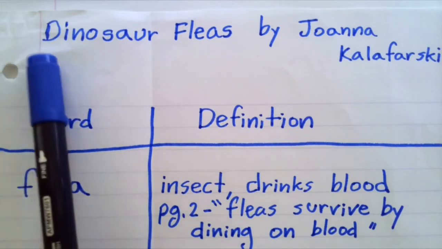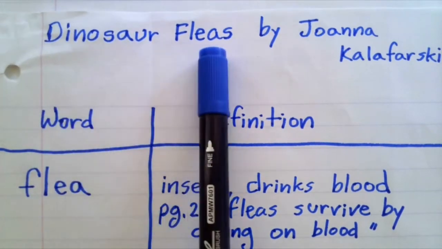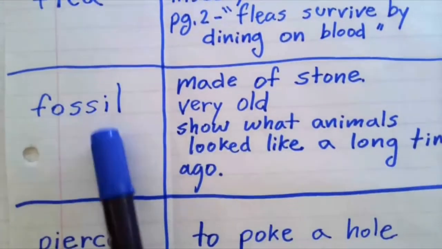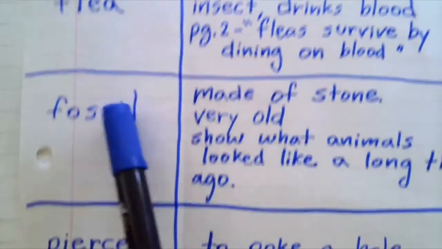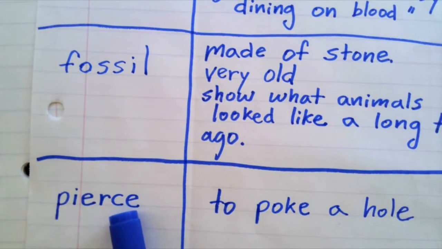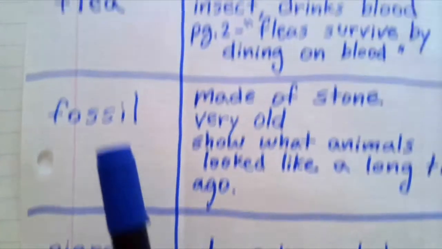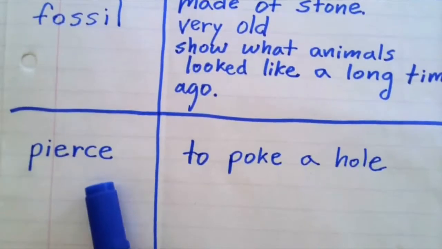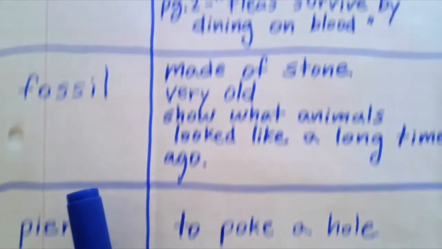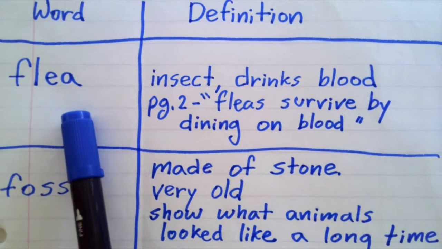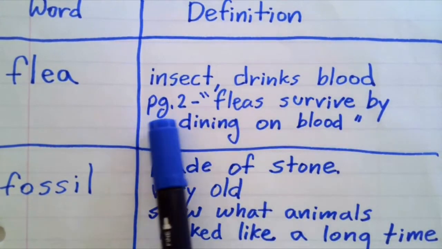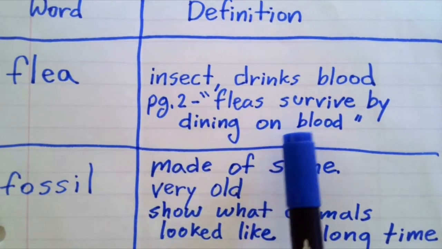Last time, while we read part of Dinosaur Fleas by Joanna Kalafarsky, we identified 3 of the key words that you must use if you're explaining what this book is about: flea, fossil, and pierce. We wrote down that fleas are insects that drink blood, and we wrote down evidence from the book.